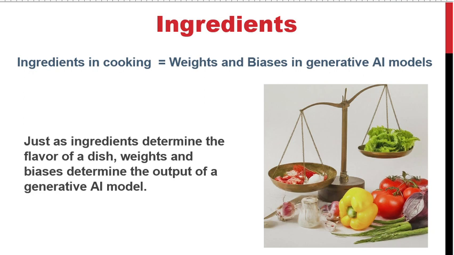Similarly, we can increase the weight of randomness in generative AI models to get the output we want. Just like in cooking, you don't want to put salt in a cake most of the times. Similarly, you have to use the right kind of data and the right kind of ingredients to train your model so you get the output that you want.